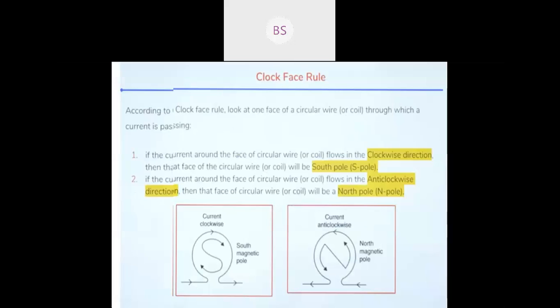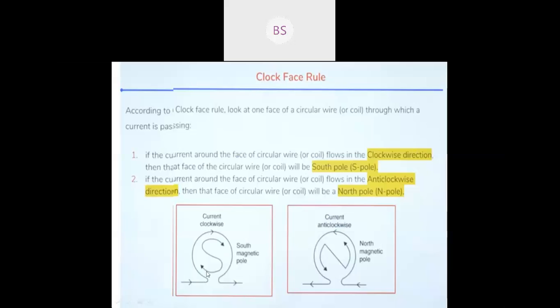According to the clock face rule, look at one face of a circular wire. Here we have taken a circular wire through which current is passed. In the first one, if the current around the face of a circular wire or coil flows in a clockwise direction, then that face of the circular coil will be south pole.